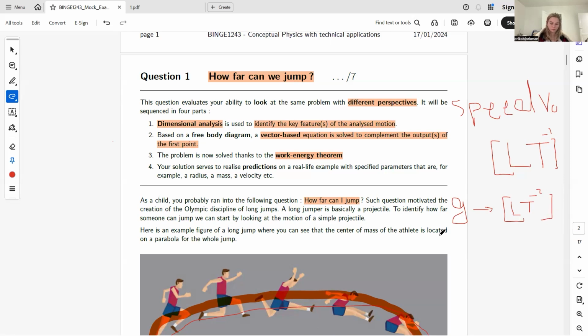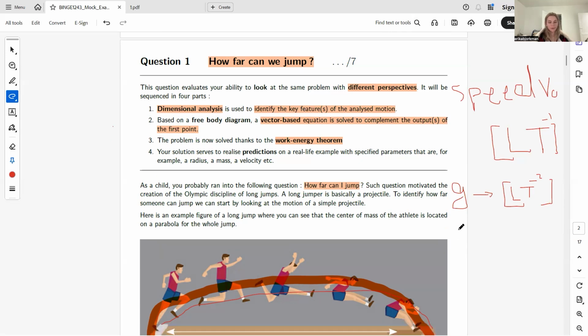These are the two possible factors on which the range can depend. And a third factor, which is dimensionless, is theta. It doesn't have any dimension, so it is dimensionless. Shortly, I am writing dimensionless. But later we will include it.